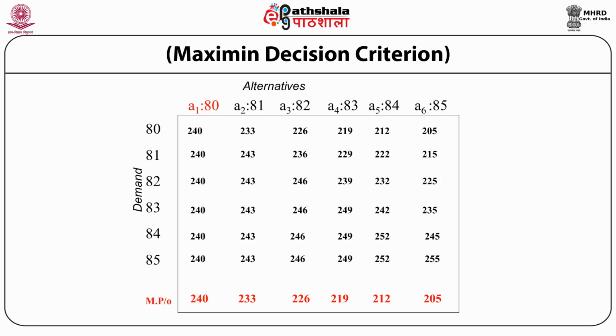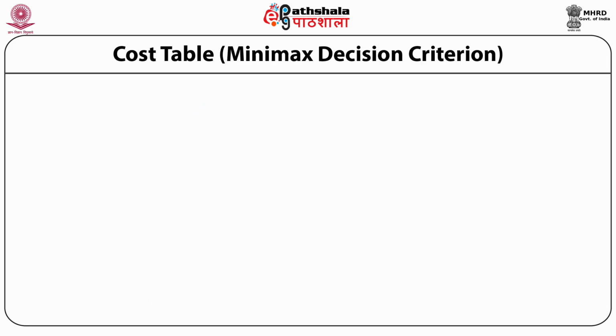So the Maximin decision criterion suggests selecting the alternative that gives you the maximum payoff out of the minimum. So it is a good criterion, but most of the time used by pessimistic decision makers.